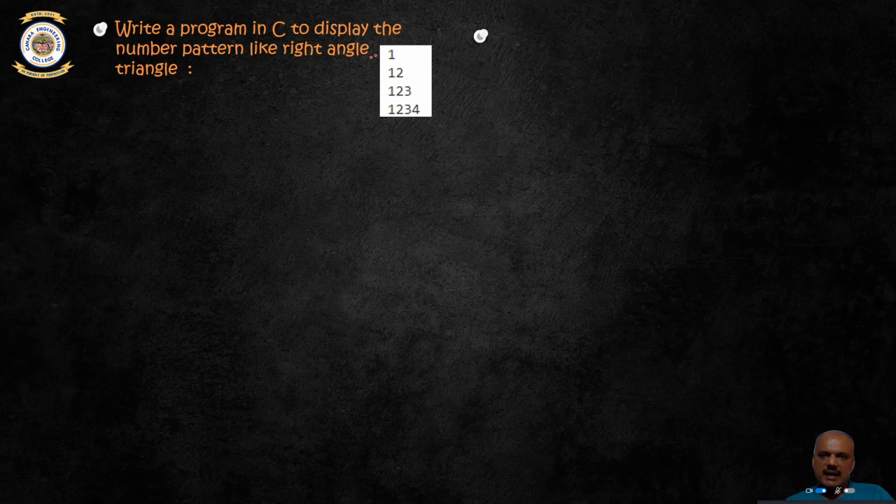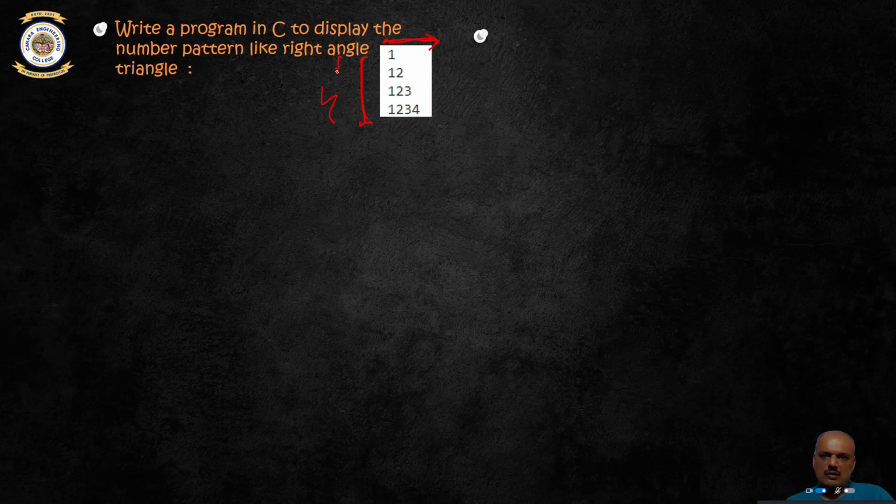The logic is that I have two iterations going on. One variable is for the row scan and the other is for the column scan. If you want 4 numbers out here, the input should be 4.